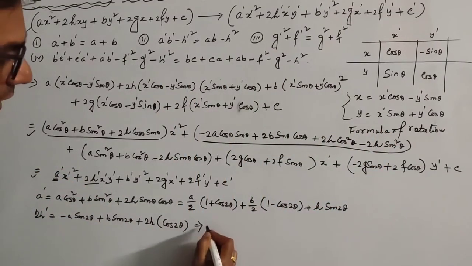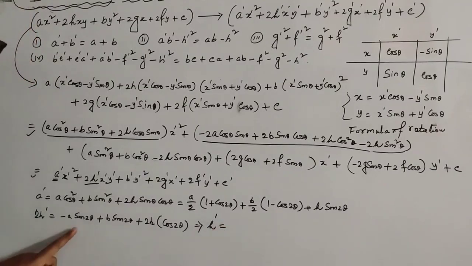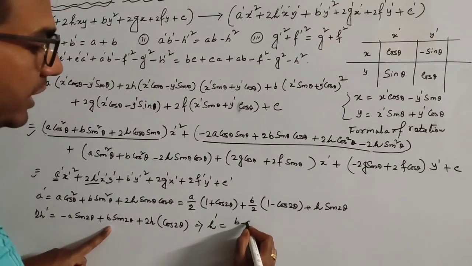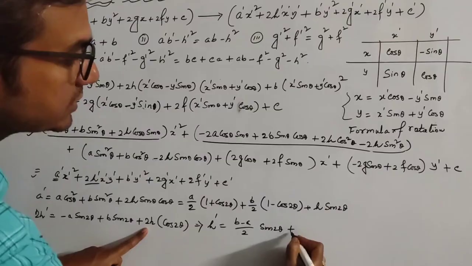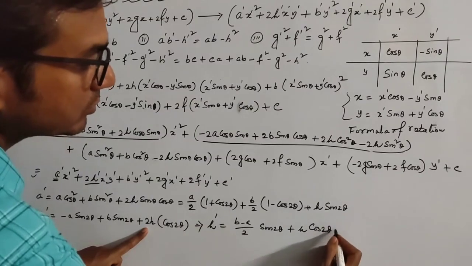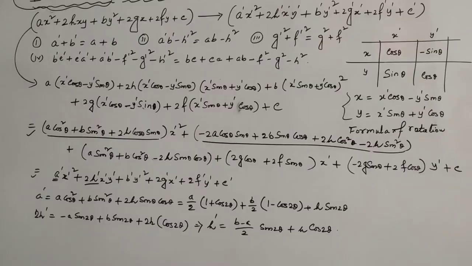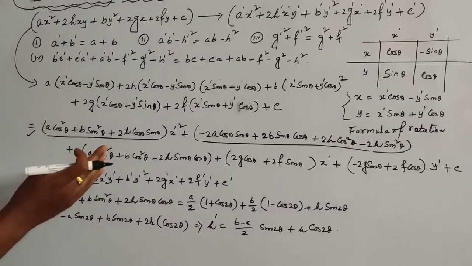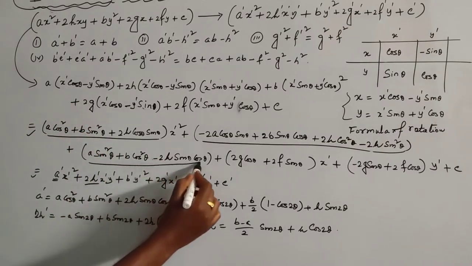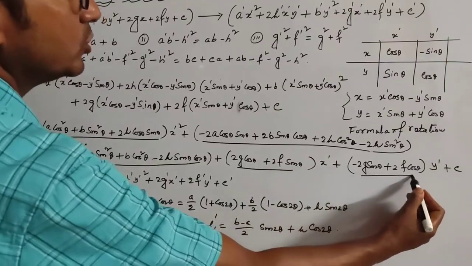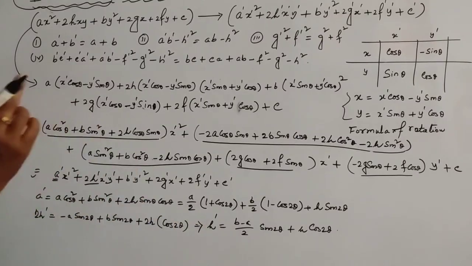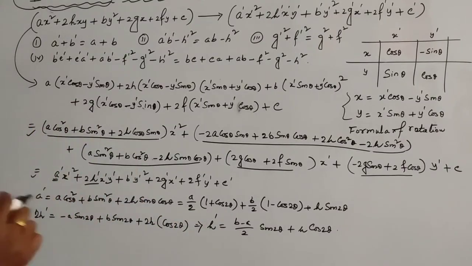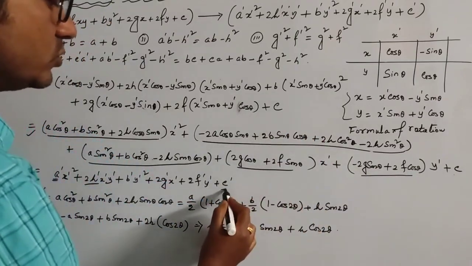That is h dash equal to b minus a by 2 into sin 2 theta plus h cos 2 theta. So we get h dash and a dash. Similarly, if we compare the third term, fourth term and this term, we get a dash, h dash, b dash, g dash, f dash and c dash. Clearly c dash is equal to c.